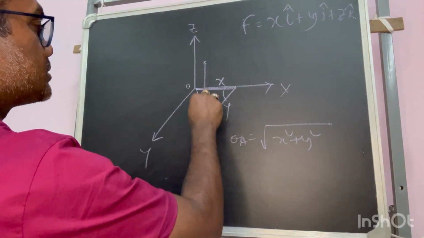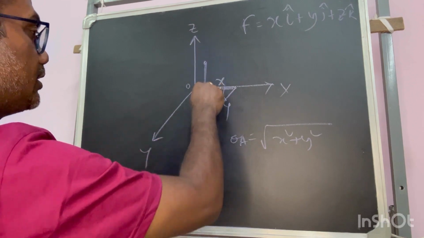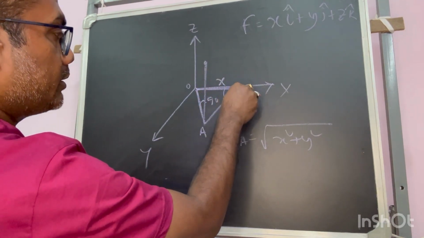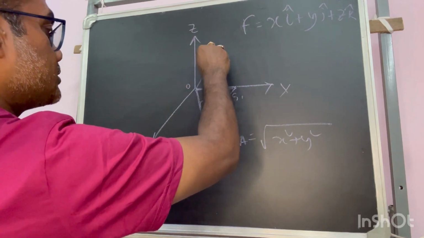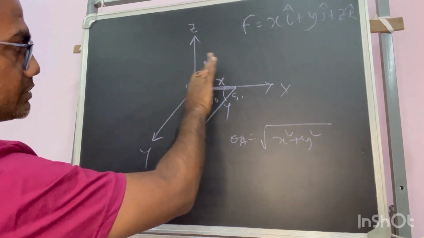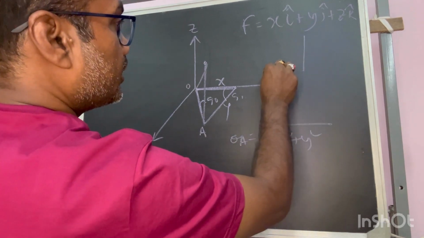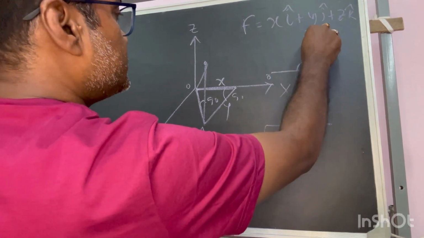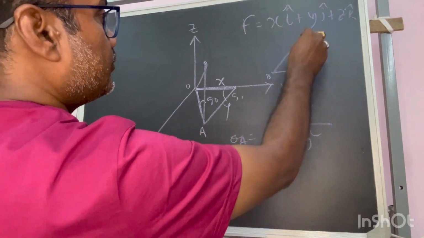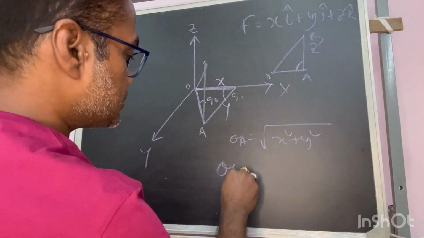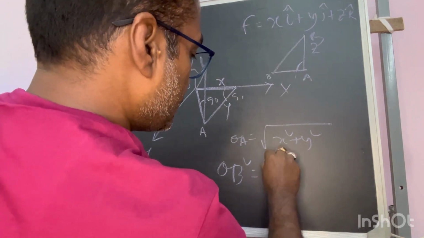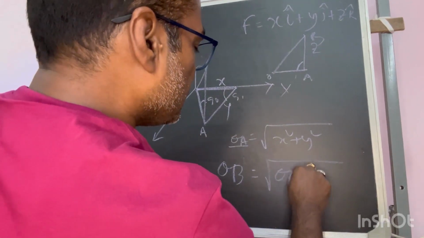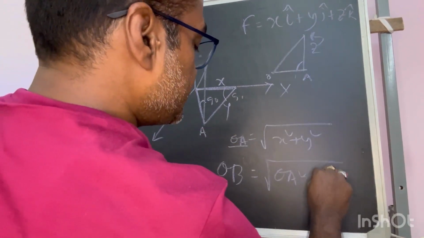Okay, now this is OA. Now this is vertical, so the angle in between is 90 degrees again. If I see from this side, this will again be a right angle triangle. This is OA and this is your z. So what is the final one? This is B. So OB is equal to the under root of OA square plus z square.